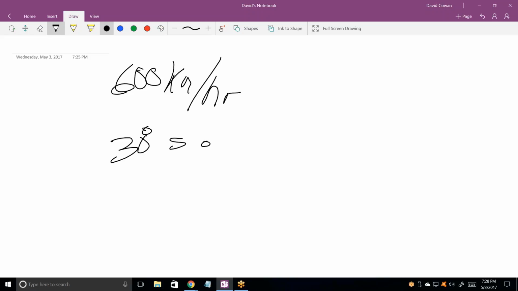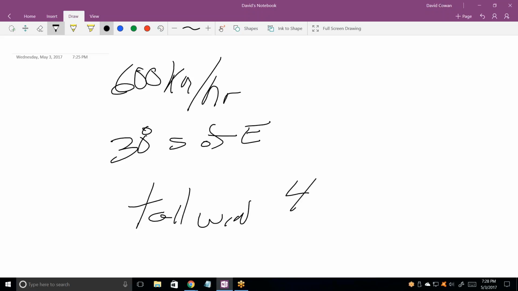A tailwind in the direction of 45 degrees south of east has a velocity of 40 kilometers per hour. What's the net direction and speed of the plane?